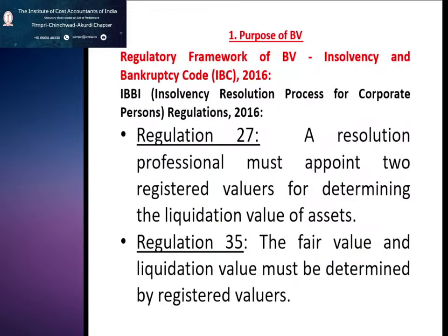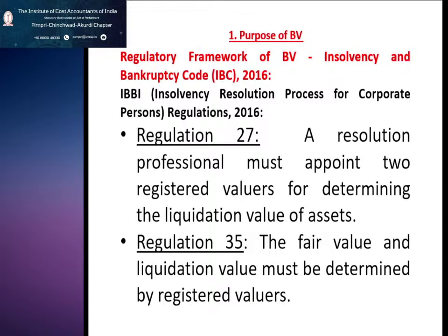Thereafter, let's see the IBC 2016 regulatory framework under which business valuation is required to be done. Under Regulation 27, a resolution professional must appoint two registered valuers for determining the liquidation value of assets. So what is meant by liquidation value of assets? We have already seen this at the start of the session, when I was taking you through the fundamentals of business valuation.